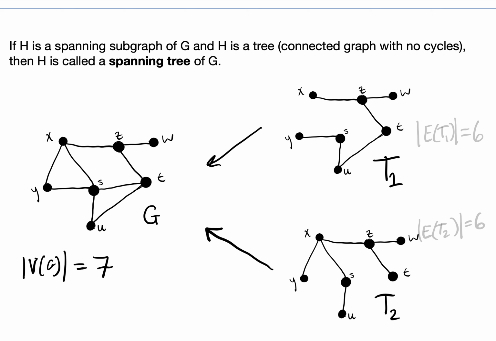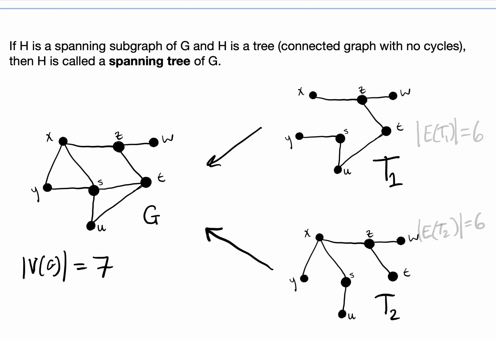There should be 6 edges in T1 and 6 edges in T2. And in fact, we didn't even really need to count that. We know from the previous lecture that the number of edges in any tree will be 1 less than the number of vertices in that tree. So any spanning tree of a graph will have the same number of edges. So when we say minimum, we can't mean the number of edges.